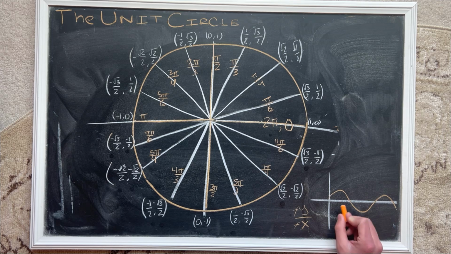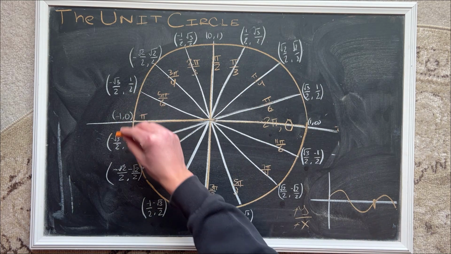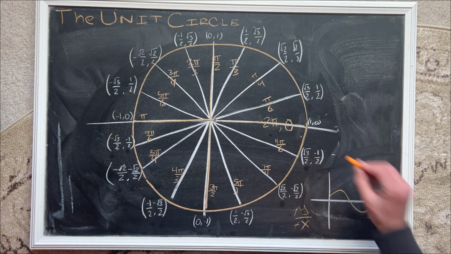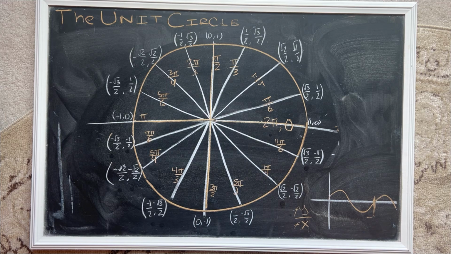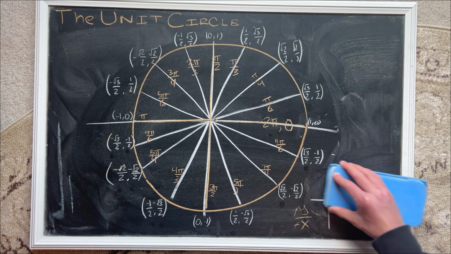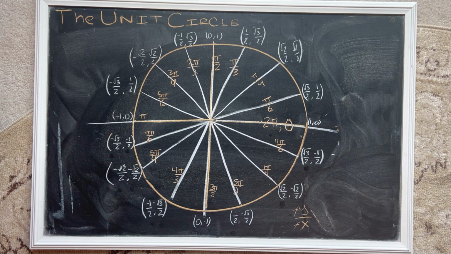So the angle here, this is the full cycle. So it's positive until here, and then negative until here. So it's the same cycle. In one cycle, one period, it goes through all the values. All right? So that's the basics of the unit circle and trig functions. Thank you for watching.